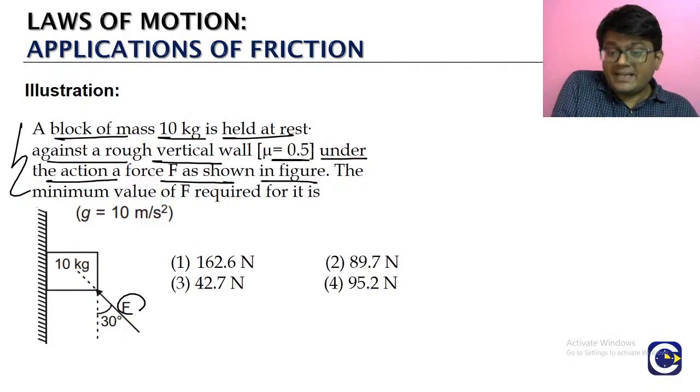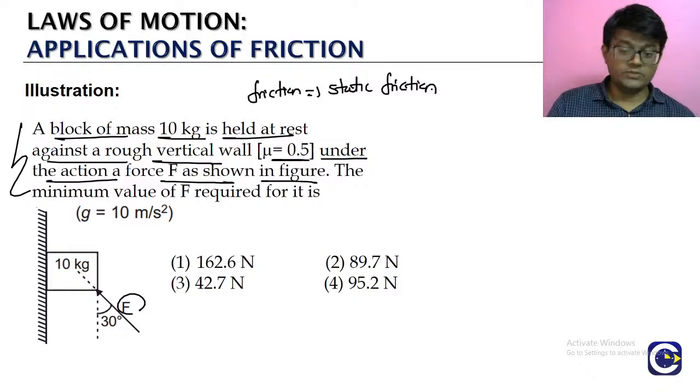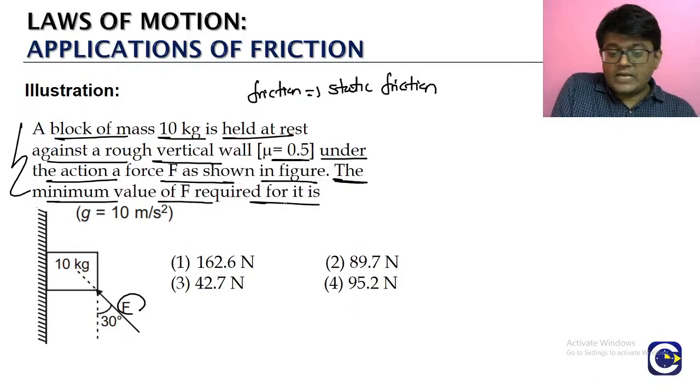This is held at rest, means the friction that we'll talk about in this case will be static friction. Since we are saying it is held at rest, there is no relative motion, right? The minimum value of F required for this means, we can apply a force F and hold this block at rest.